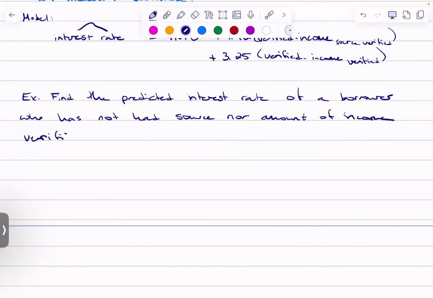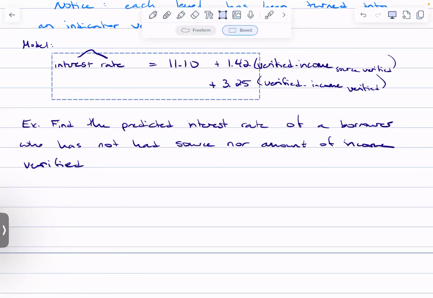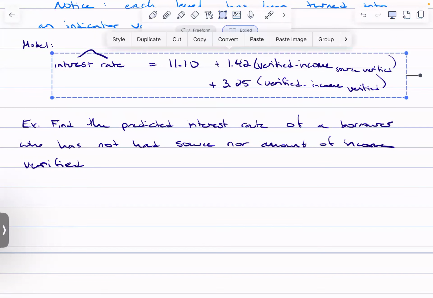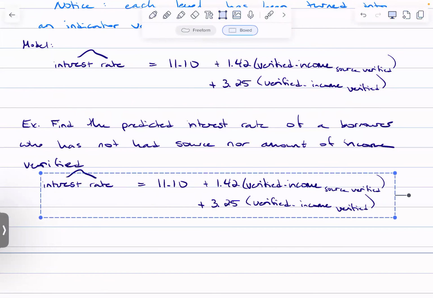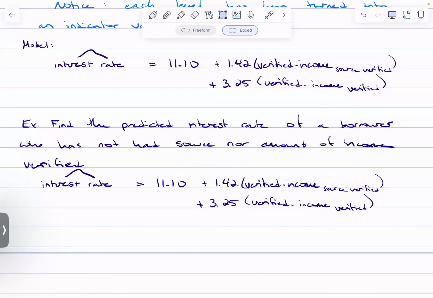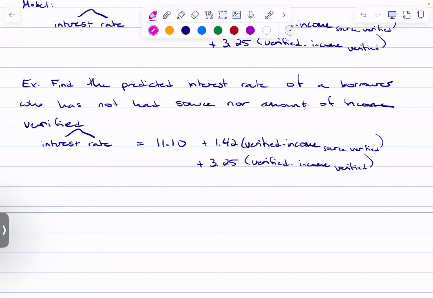If I cheat, copy, paste. Then if neither was verified, this is going to be set to 0. The source verified is 0.